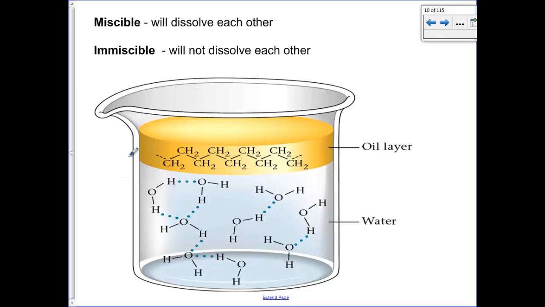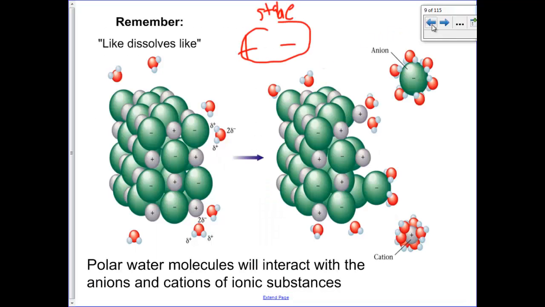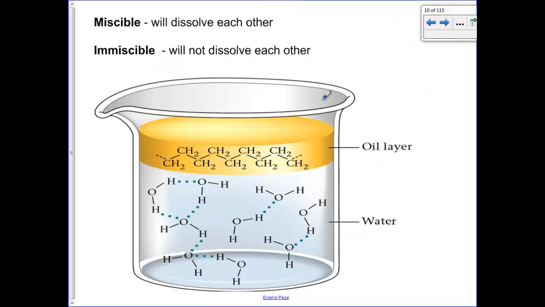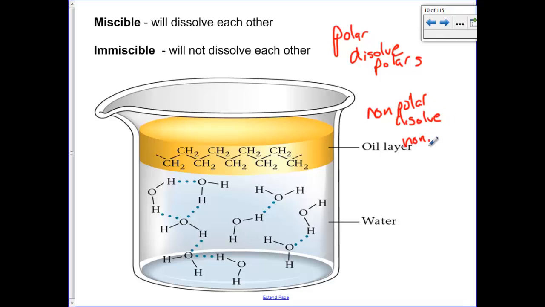There's a general term we use. I wrote it up here: like dissolves like. What it means is that if you have polar molecules, they will dissolve other polar molecules. Non-polar will dissolve non-polar.